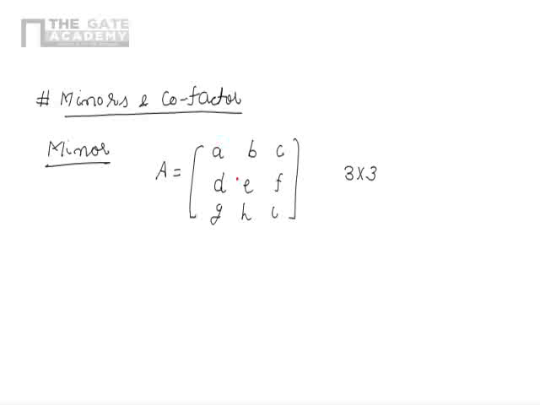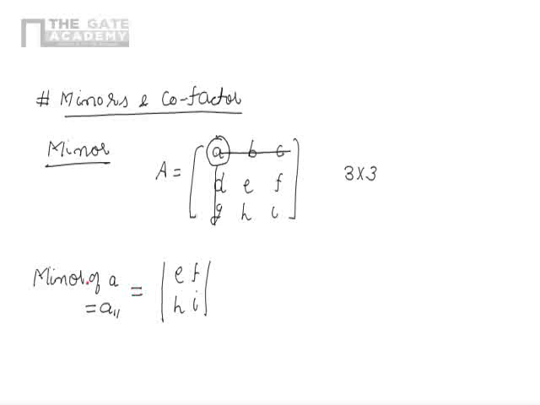Let's say for example, if I delete this row and this column, then I'll get E, F, H, I, and if I put it in a determinant format, considering the element A and the row and column corresponding to element A, this is called the minor of A. It is nothing but the minor of A11, which can be obtained by deleting the corresponding row and corresponding column, and whatever elements remain form a determinant.